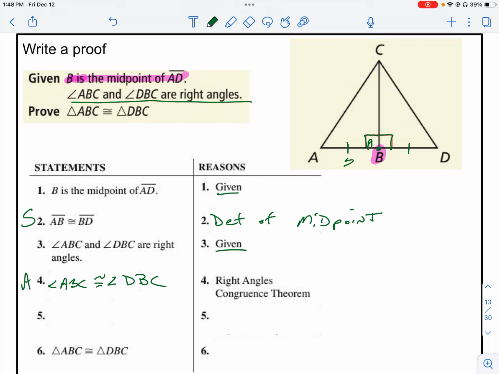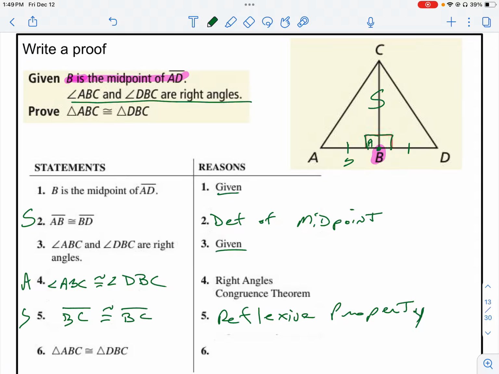Now we need another side, and we need this side up here so that the angle is between the two sides. BC is congruent to side BC. Why? Because of the reflexive property. No matter which triangle it is, it's going to be the same length. This is our second side, so by side, angle, side, we have two congruent triangles.